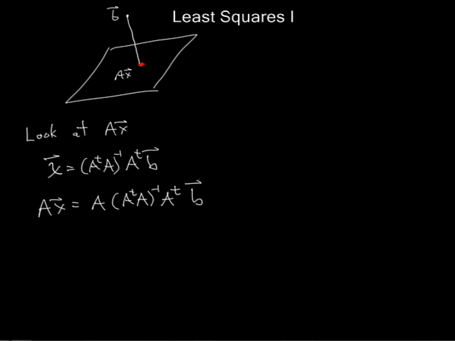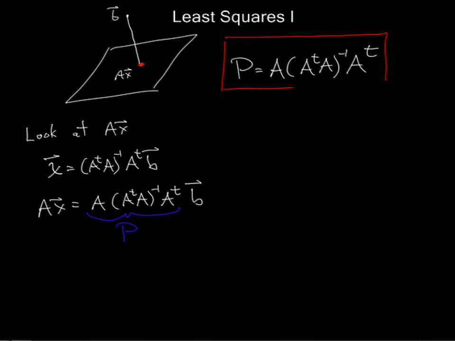It's A times all this other stuff. So that is to say, this matrix here, P, which is A times (A transpose A) inverse A transpose, this matrix is clearly a projection matrix because it's taking this point b to the point in the plane which is closest to it. That's exactly how we cooked it up.